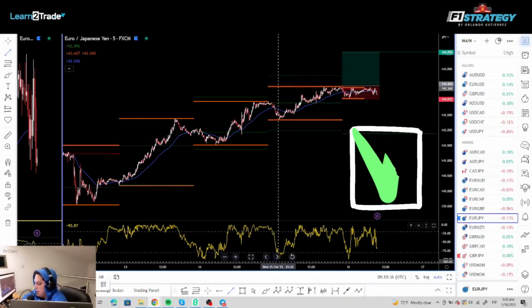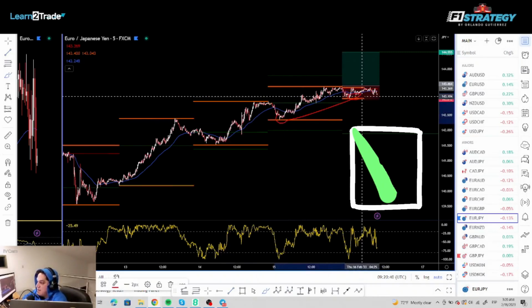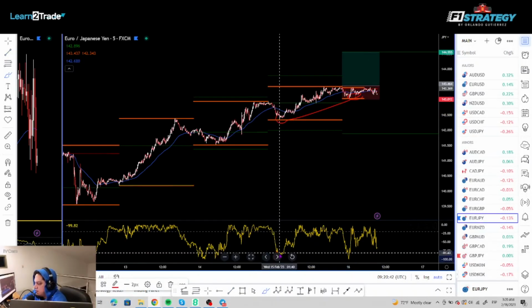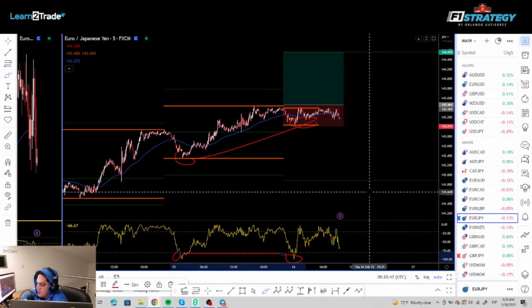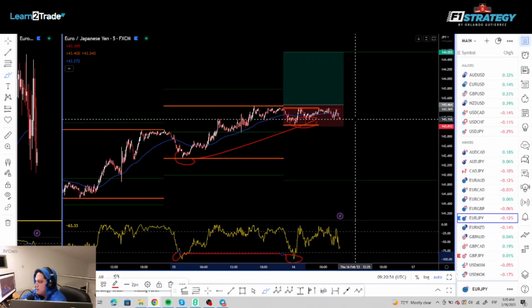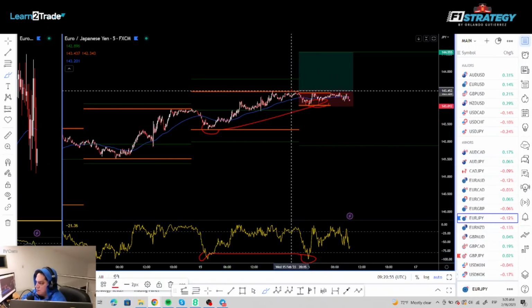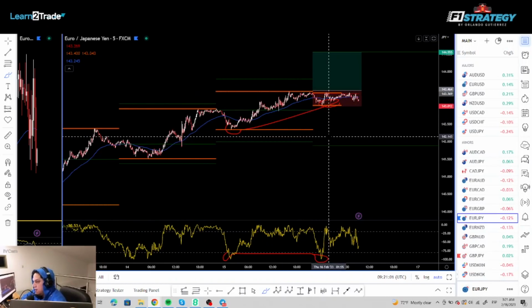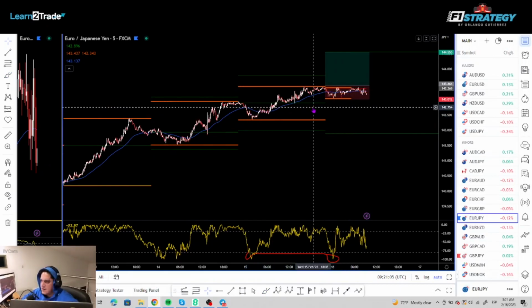This market has the clear bullish divergence between price and our oscillator right here. The thing that I don't like is that price has been trading inside of this range for a while. This could mean that we're going to have that explosive move to take out all of this liquidity, or not. So a little bit of lack of momentum in this trade, but still a very good F1 strategy.